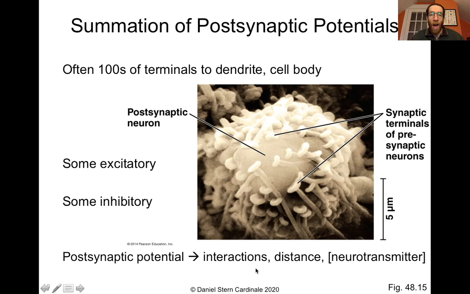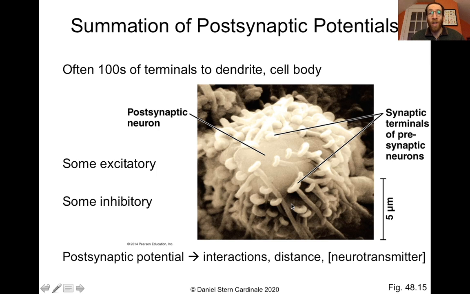One is the interactions between the different signals, so some of them are going to be excitatory and some of them are going to be inhibitory, and that mix is going to indicate what the net signal is. Another factor that needs to be considered is the distance of a specific axon terminal to the axon hillock of the receiving cell.